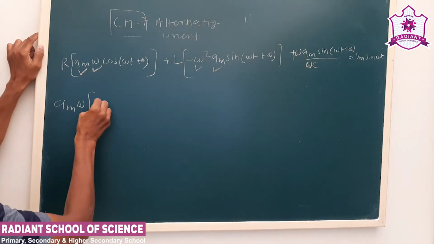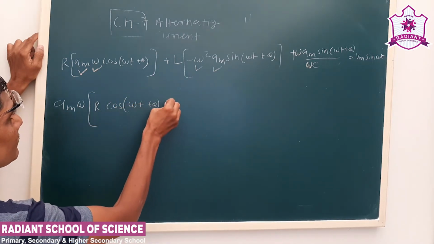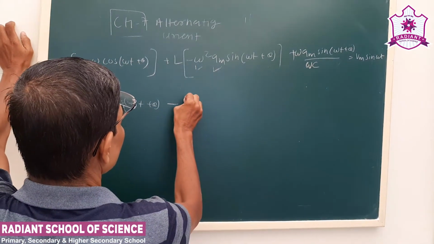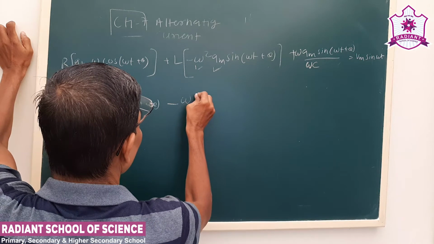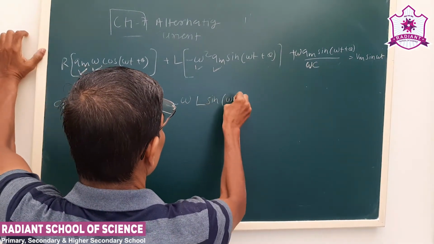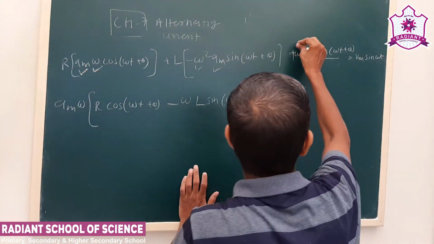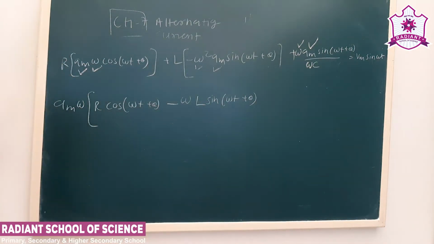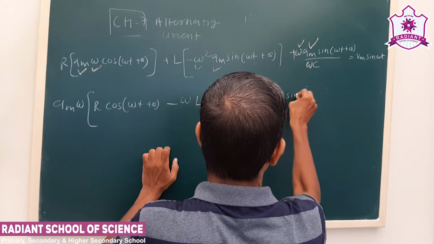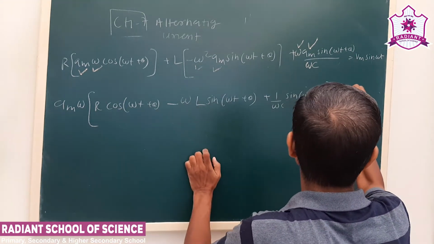What is left now? R cos(omega t plus theta), minus, since qm into omega is taken common, omega into L sin(omega t plus theta). Here also qm into omega is taken common, 1 upon omega c sin(omega t plus theta), is equal to Vm sin omega t.